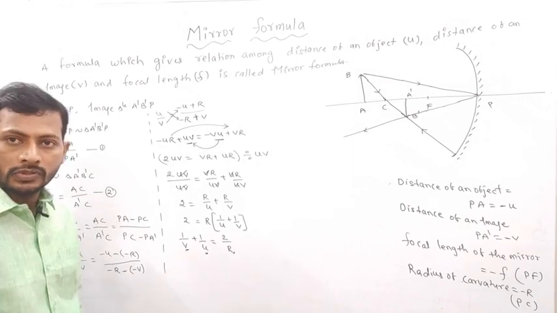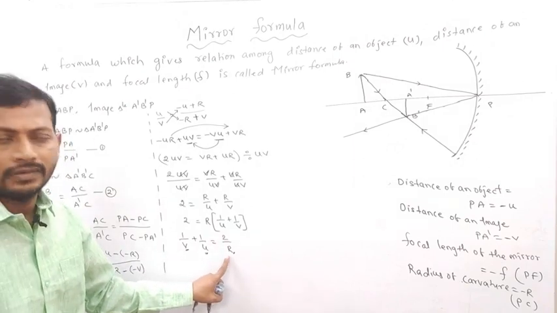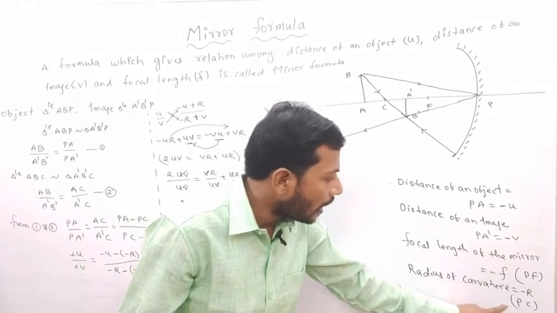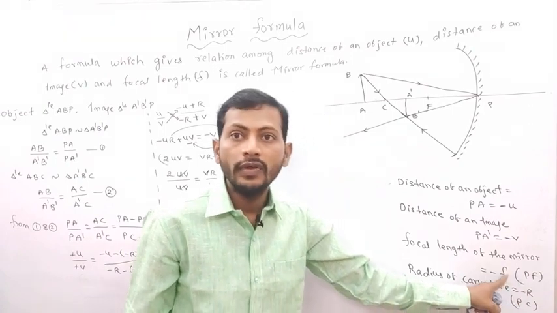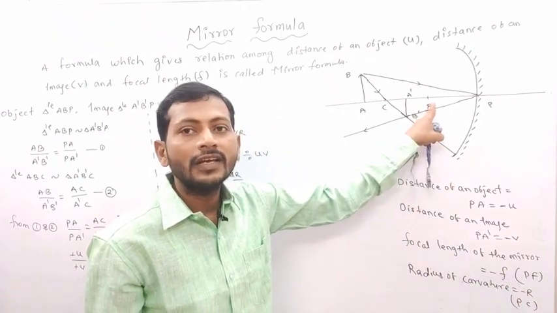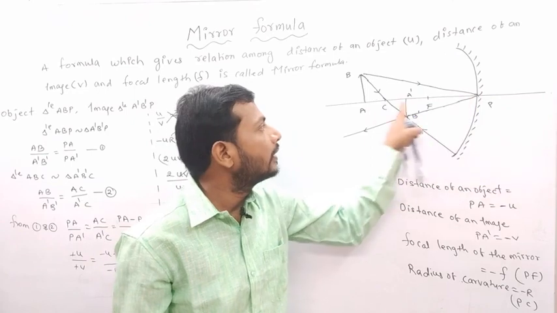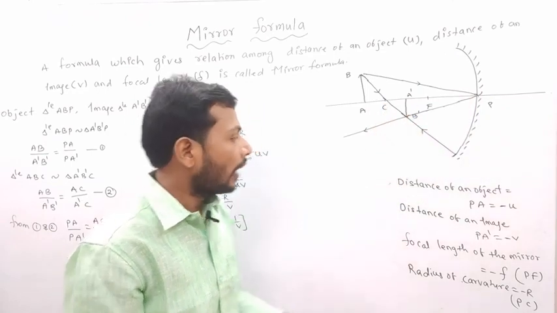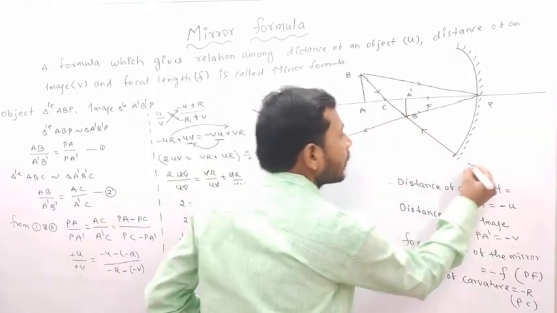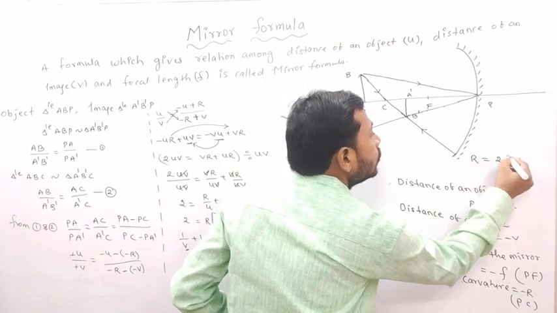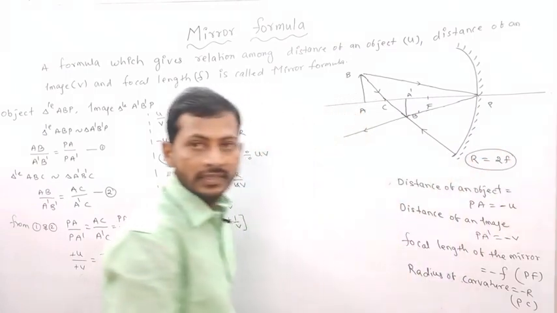Sometimes in some books this R you can convert. What is the relation between R and F? You know very well, F is the midpoint of P and C. Then you know already that the radius of curvature R equals 2F. This also we already discussed.